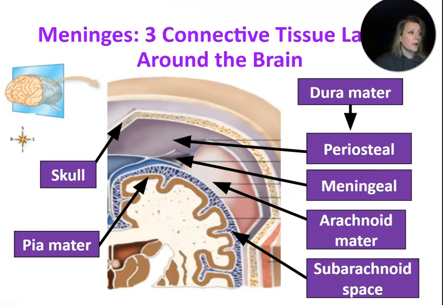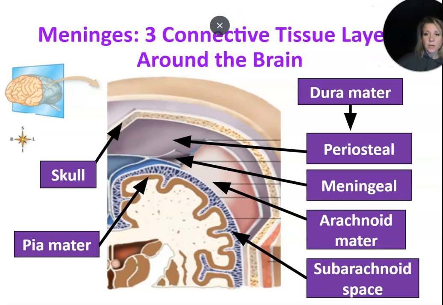Okay, so we are on slide 4 now. These are the three connective tissue layers around the brain. So first of all, what we're looking at here is a coronal section of the brain, and then we're looking at the part that was kind of cut out. And our most superficial layer is the skull, and so you can see that over off to the side.